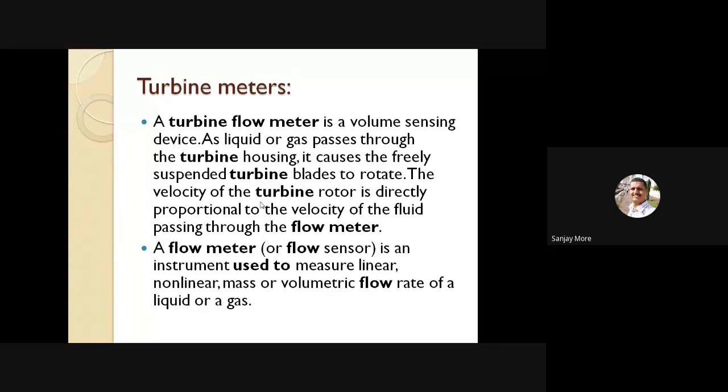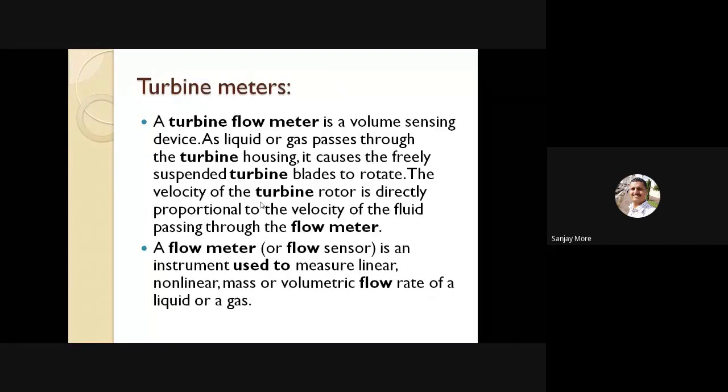Flow meters or flow sensors are used to measure linear, non-linear, mass or volumetric flow rate of the liquid or gas. Turbine meters also are used to measure the flow rate of gas or liquid.